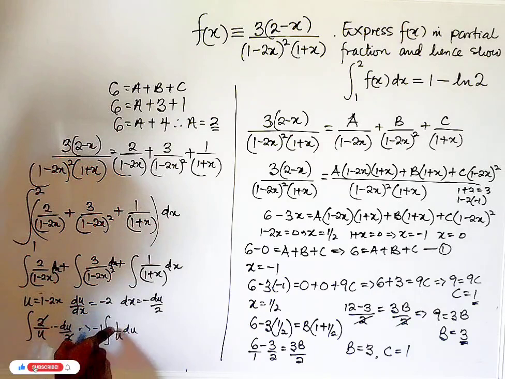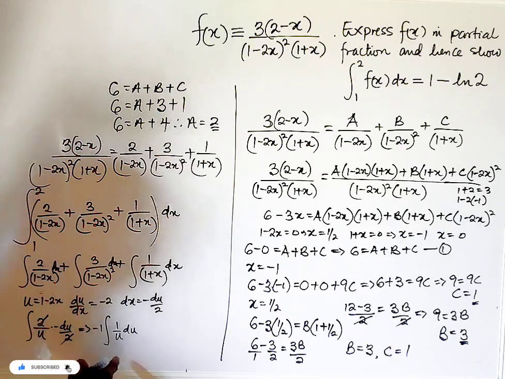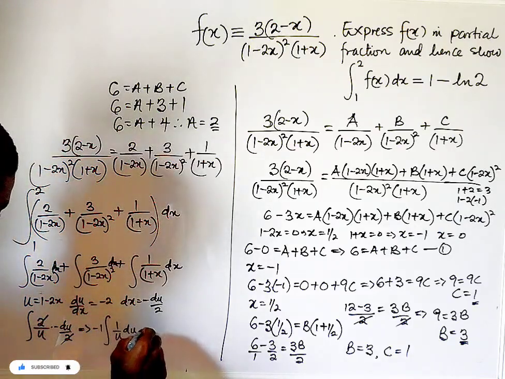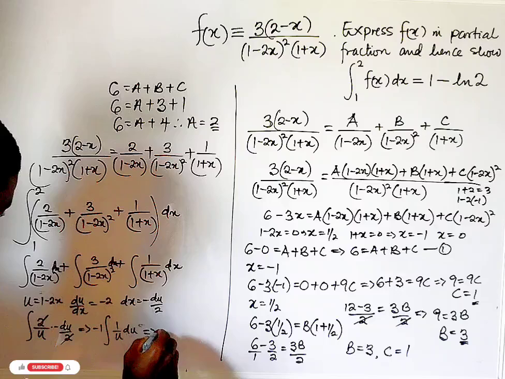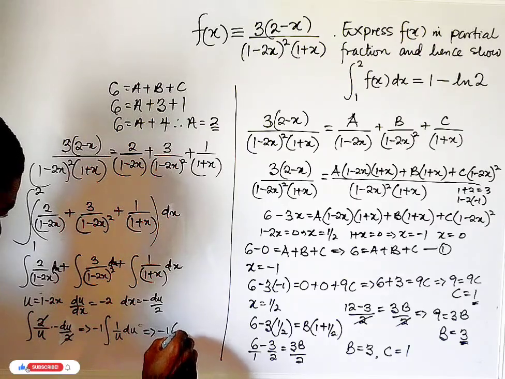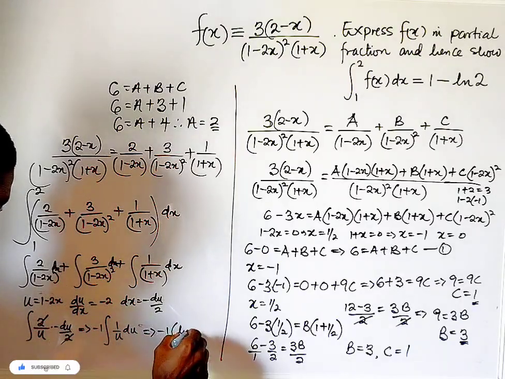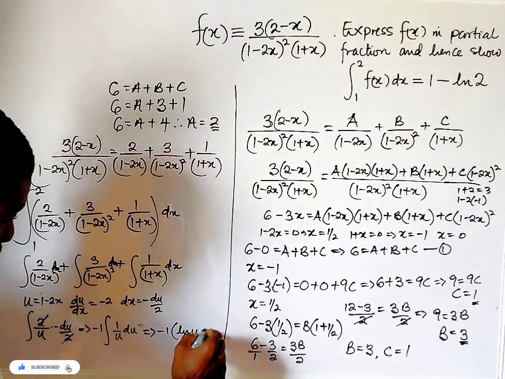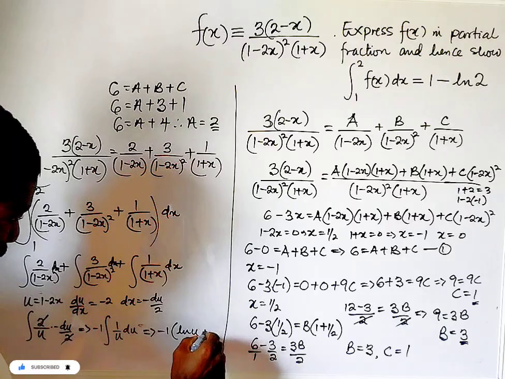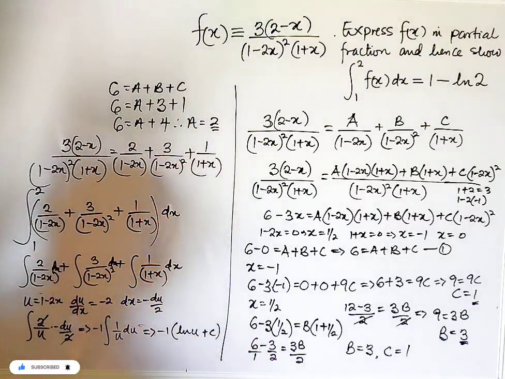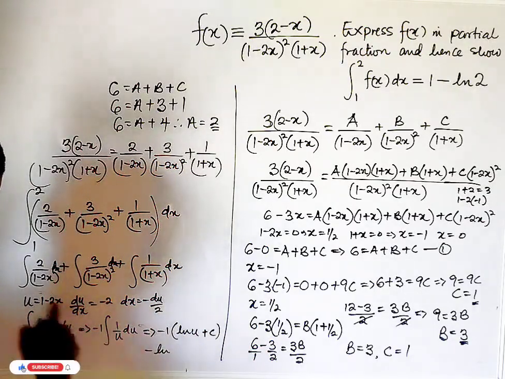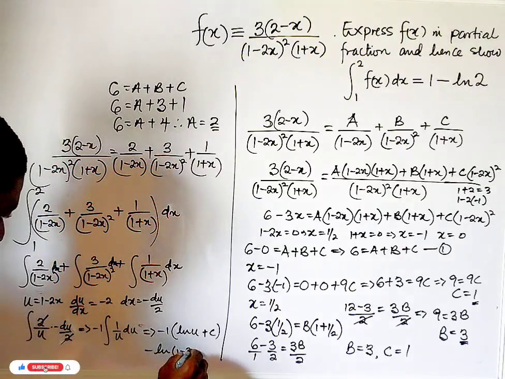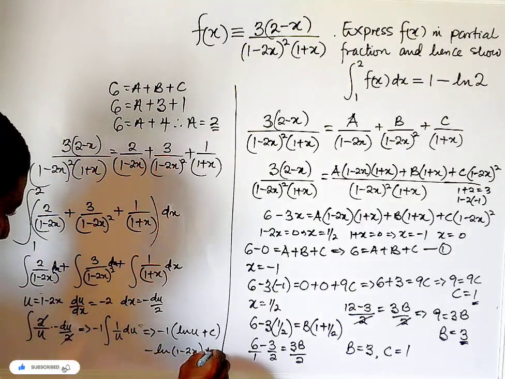Okay, and when you're integrating 1 all over u, or 1 all over any term, you get ln. So here we have minus 1 into ln u, plus c, which will definitely give us minus ln, then our u is 1 minus 2x, plus c.